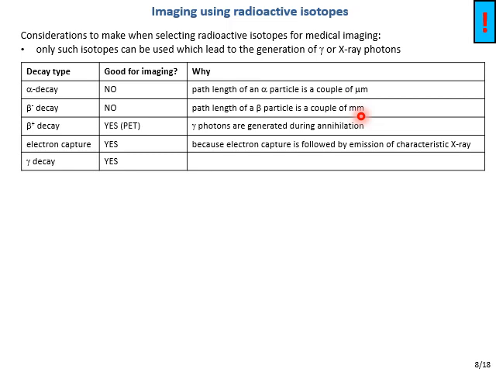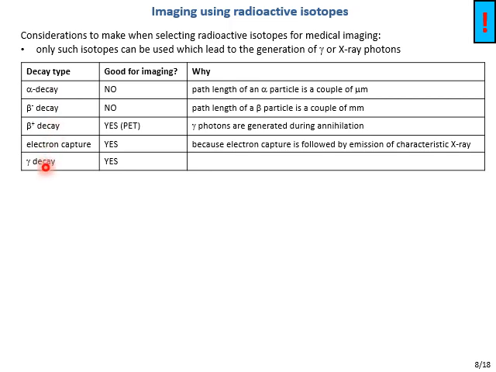Therefore, if such an isotope is present somewhere inside the body, the alpha or negative beta particle emitted by the isotope will not get out of the body. Therefore, it cannot be detected by an external detector.